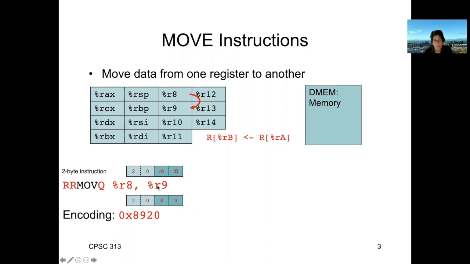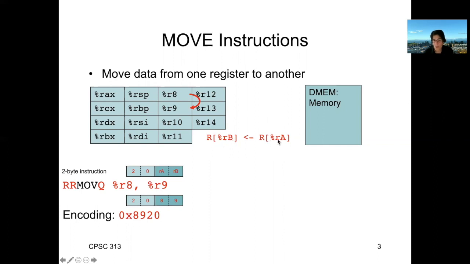into R9. If you've looked at the book, you'll see that they use a notation to describe precisely what an instruction does, and that notation looks like this. So you can think of it kind of like saying the register file is a big array, and the entry in the array that we want is the one that we're going to call RB.